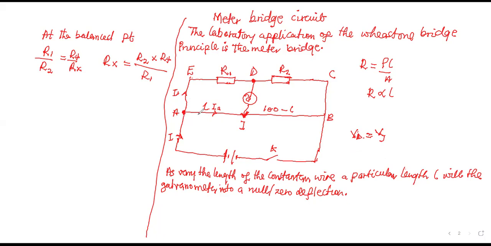I2 would flow through L and will also continue to flow through 100 minus L.